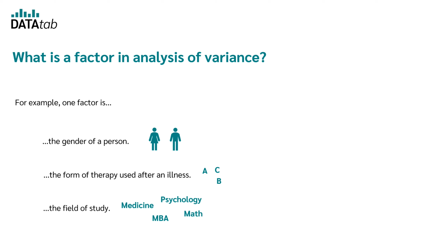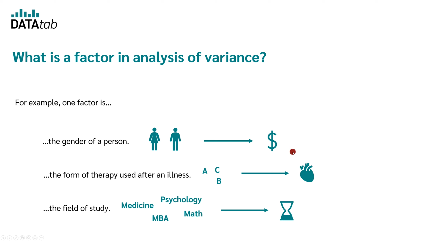You use an analysis of variance whenever you want to test whether these categories have an influence on the so-called dependent variable. For example, you could test whether gender has an influence on salary, whether the therapy has an influence on the blood pressure, or whether the field of study has an influence on the duration of study.